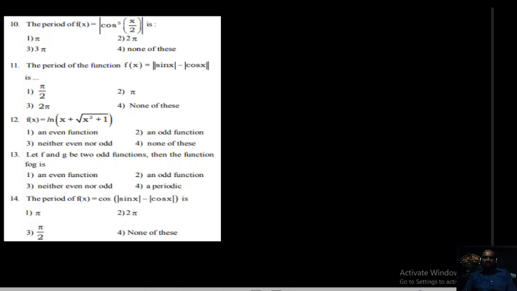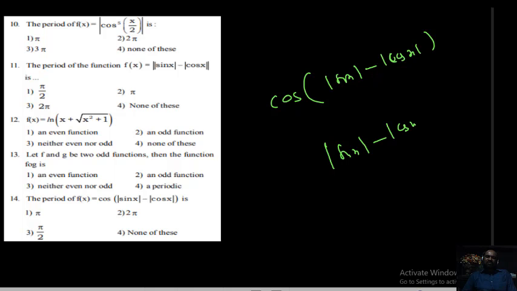Yeah. Cos of mod sin x minus mod cos x. Students, listen. Just mod sin x minus mod cos x means the period becomes pi, not pi by 2. Pi will satisfy this. If another mod is there, pi by 2 will satisfy as the period.